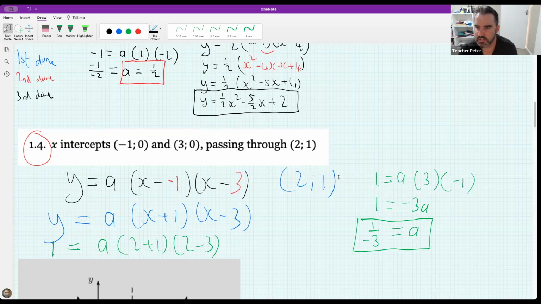So I get, for putting my y and x on the graph.